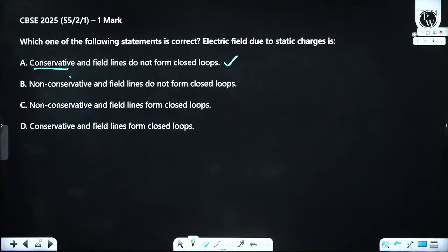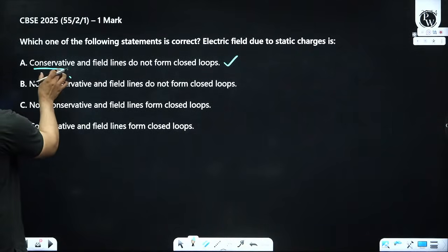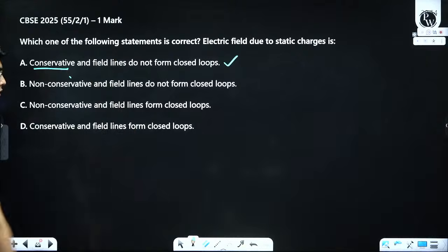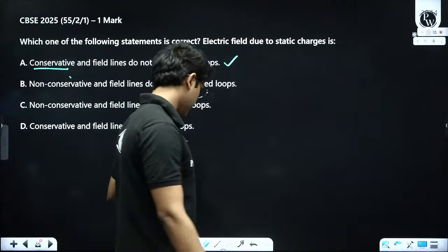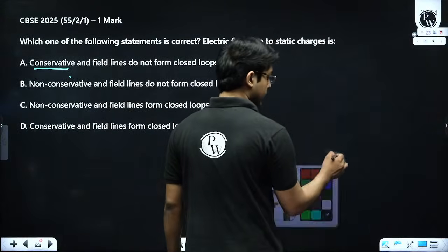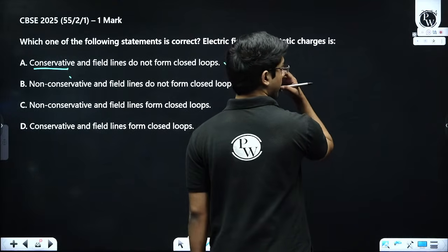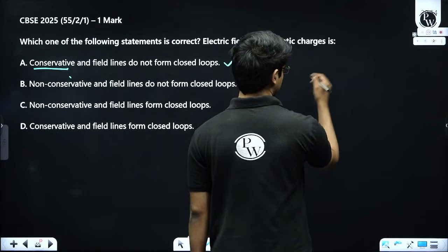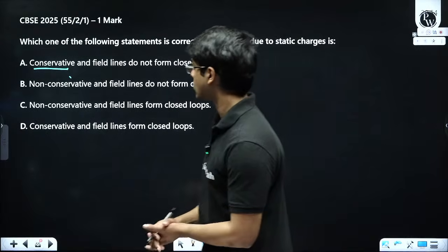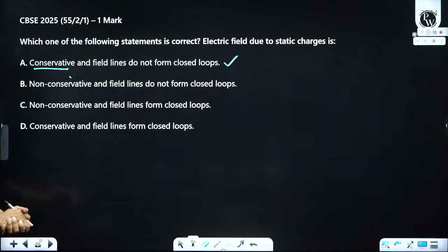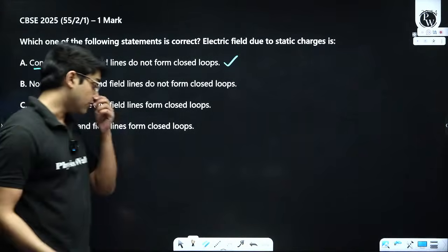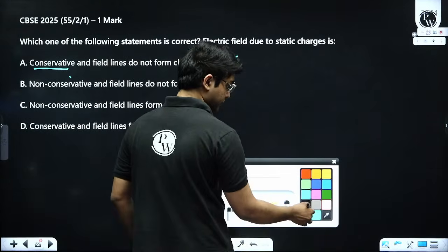So everything else is wrong, right? Any field that is conservative cannot form closed loops. Okay. So this is something that we cover in work power energy. There we talk about conservative forces. So one rule of conservative forces is that the work done in a closed loop is 0. Okay.